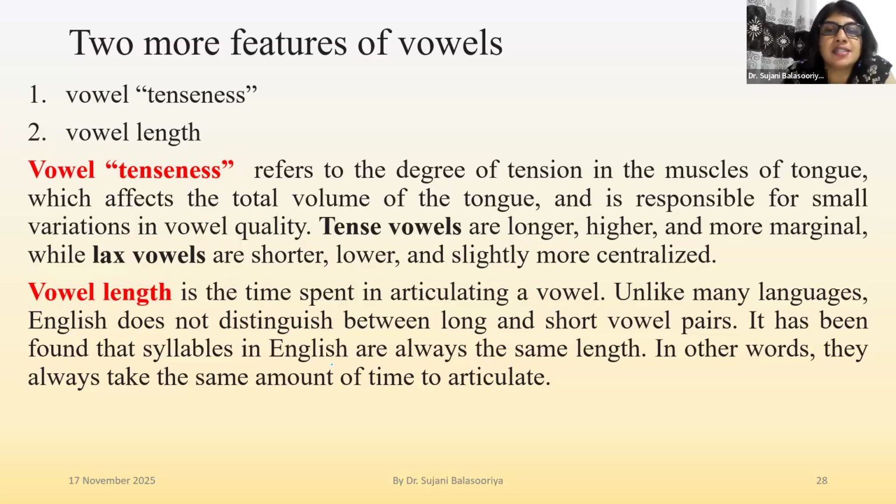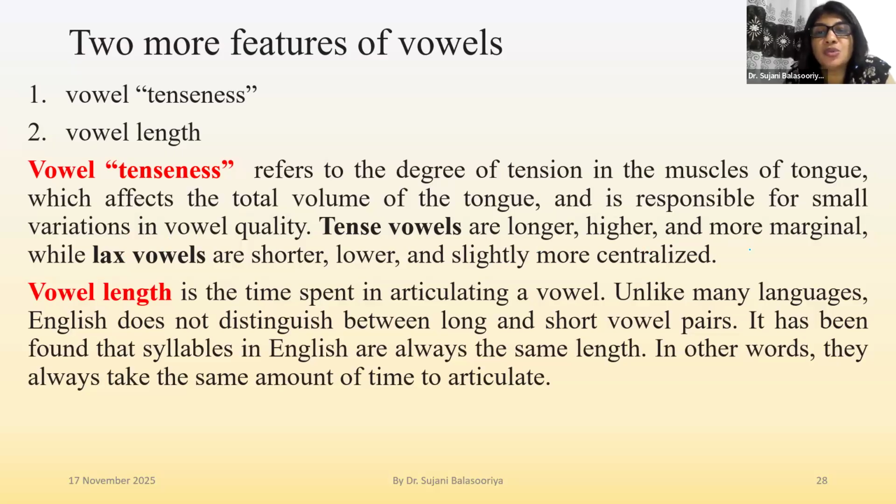Vowel tenseness. What do you mean by vowel tenseness? It refers to the degree of tension in the muscles of the tongue, which affects the total volume of the tongue. Tense vowels are longer, higher, and more marginal.